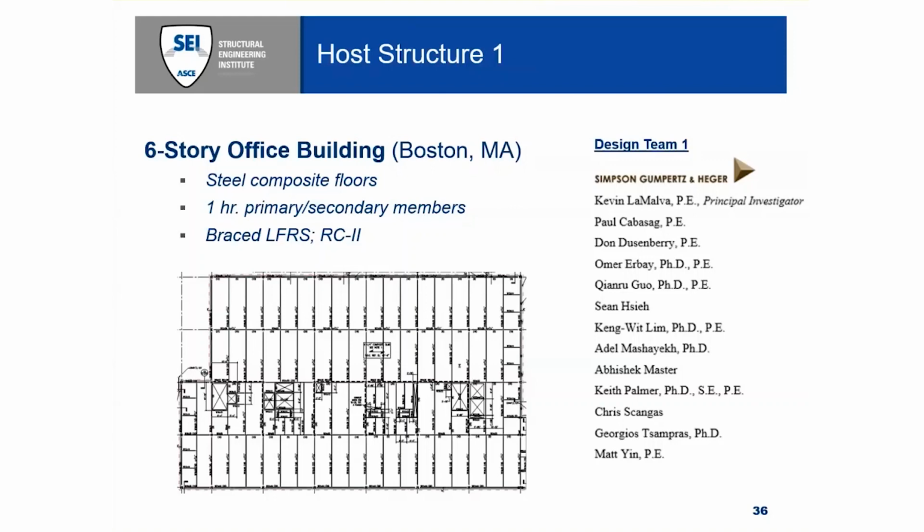The other teams also analyzed existing structures such as a hospital and a high-rise building. Although I won't cover these other structural fire engineering designs, I certainly welcome and encourage you to read the public report so you can also learn about these other really cool designs.